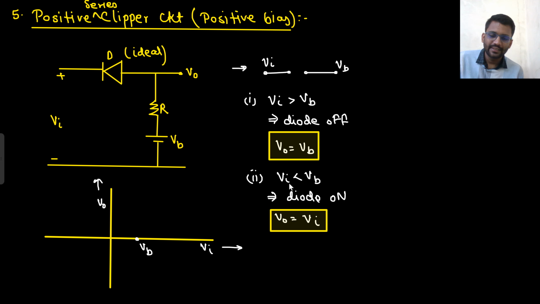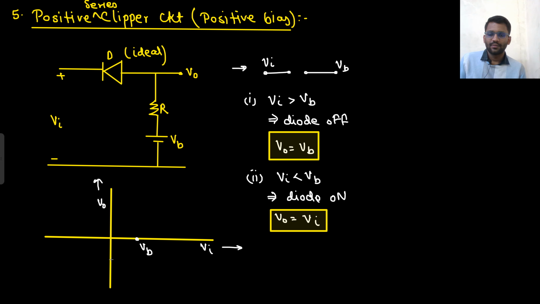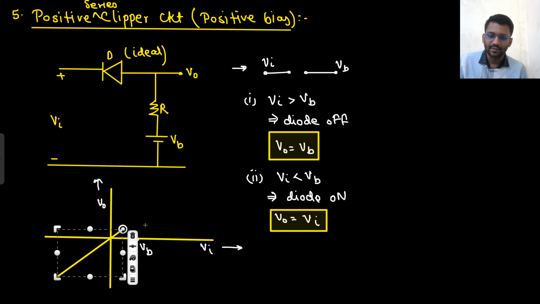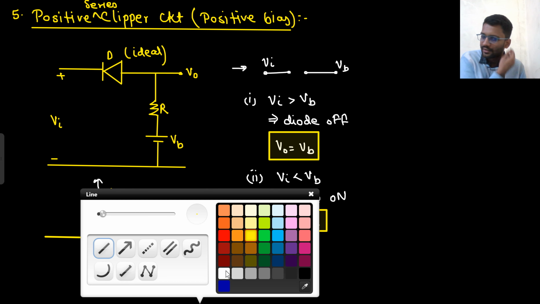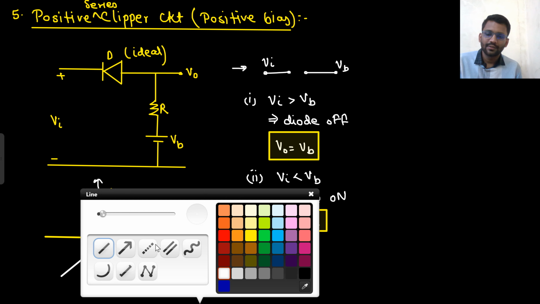For V in less than VB, your V naught is equal to V in. That means at V in equals 0, your V naught will be 0, so it will pass through the origin. Then for V in greater than VB, your V naught is equal to VB. So that's how the graph will look. Understood?